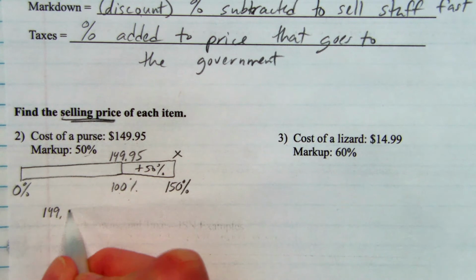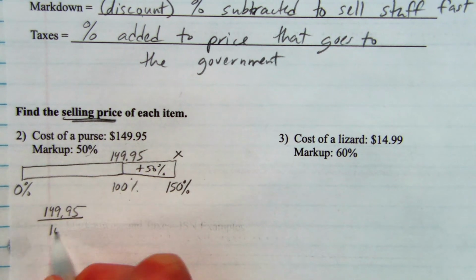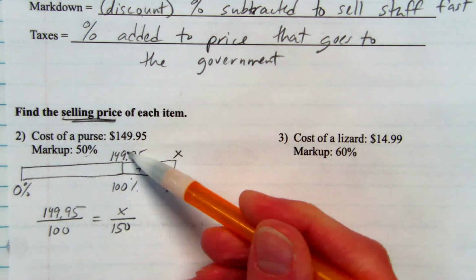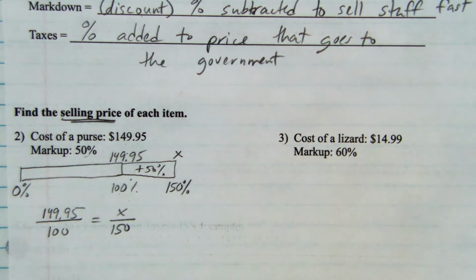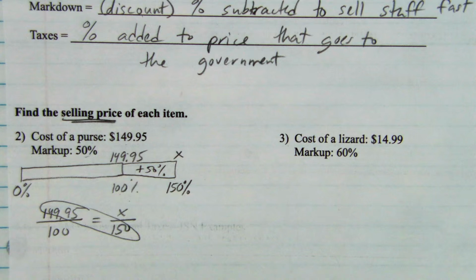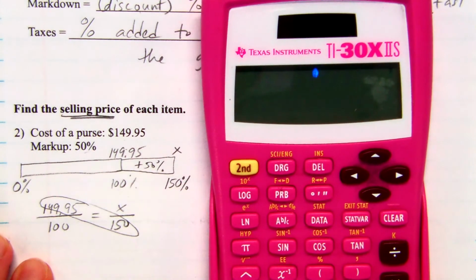So 149.95 over 100 equals X over 150. So we're just taking the numbers directly off the bar. We're going to work this out. And so when we solve proportions, we cross multiply. So I'm going to take this times this first. And I'm going to use my calculator to make that easier.